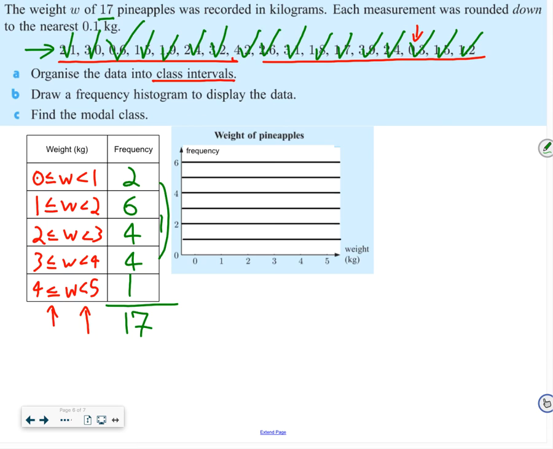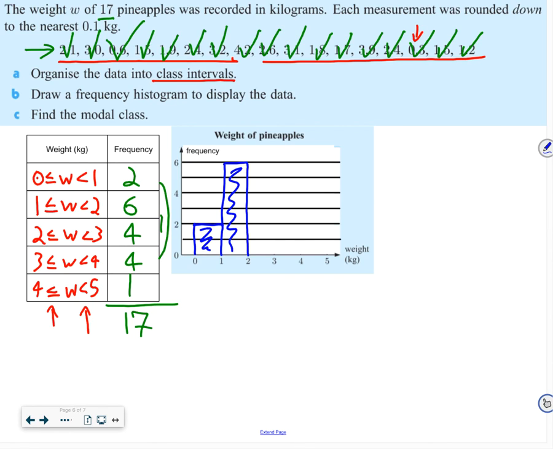So now I'm going to build my frequency graph. From 0 to 1, I have 2 pineapples. Because it's continuous data, it's a histogram, so my columns need to be right next to each other. From 1 to 2, I have 6. It goes up to 6, and I go over. Again, we can shade these in.